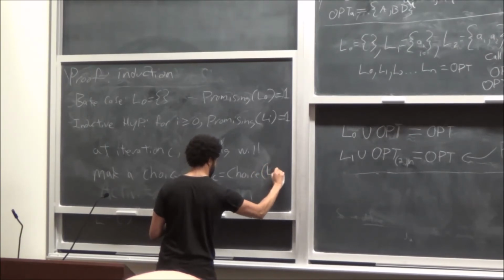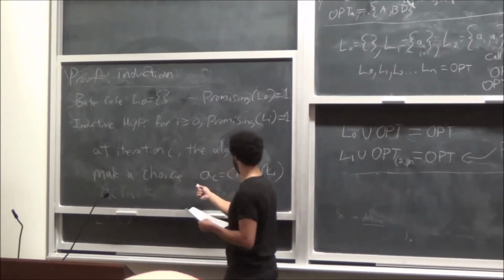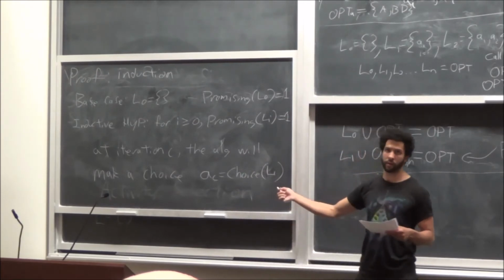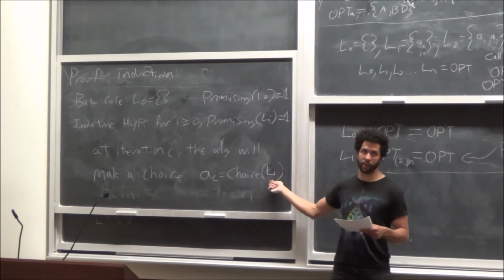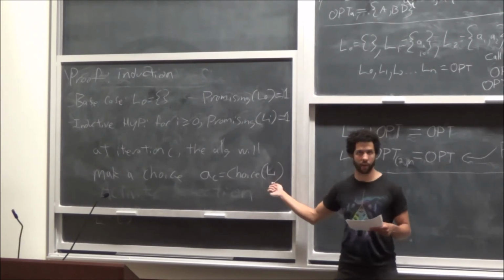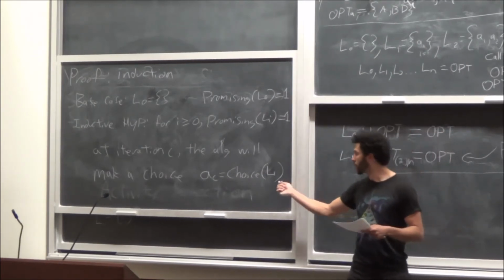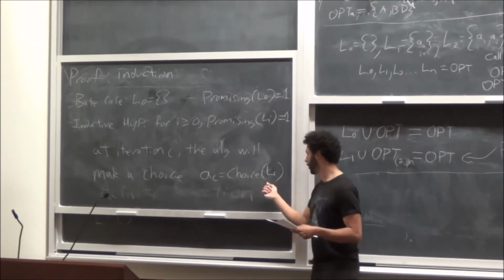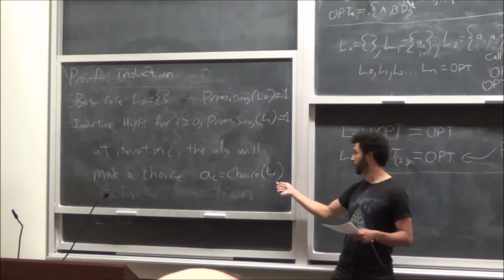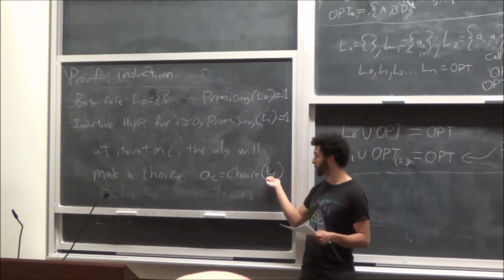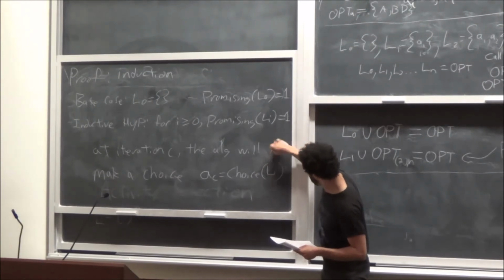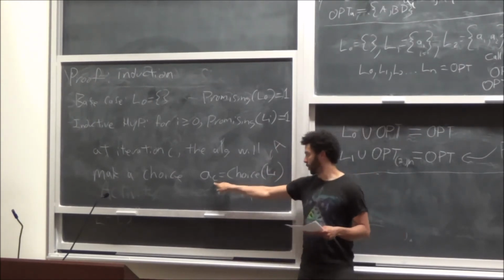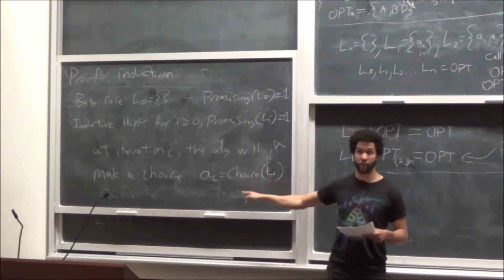So given the previous set, at iteration I, this is actually from Li moving to Li plus 1. I'm also assuming that there's a new activity in the A queue, but I'm not putting A in there. It's just too much writing. Given the previous history and this set A, there's some context, and we're going to come up with a choice of a new action, and that's the choice our algorithm is going to make.